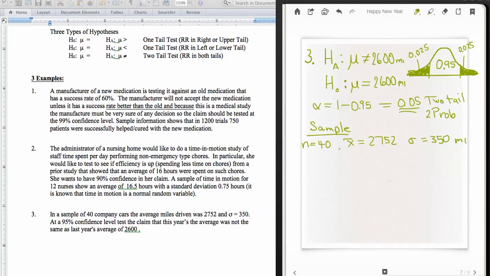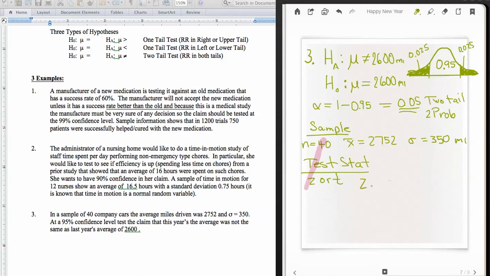So now the next thing I need to do is compute my test statistic, and because I'm dealing with means again, I need to know, is it a z or a t? In order to make the decision, I need to go up here and look at the n. And because the n is 40, I'm going to be using a z.